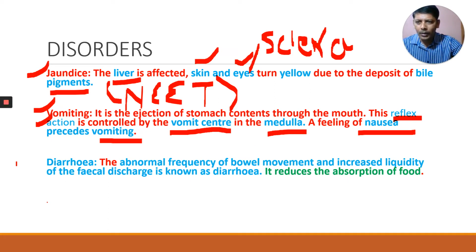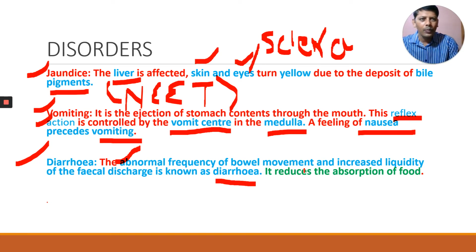Next disorder is diarrhea. The abnormal frequency of bowel movements and increased liquidity of fecal discharge is known as diarrhea. You have a 2 marks question over this one. Abnormal frequency of bowel movements: generally our bowels, meaning intestines, show movements.